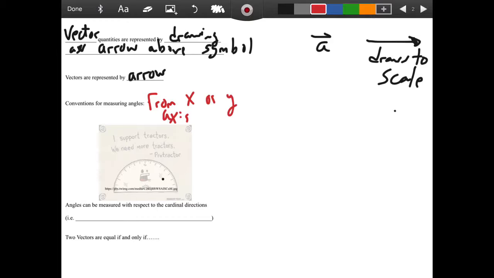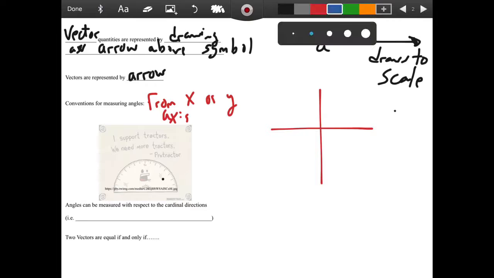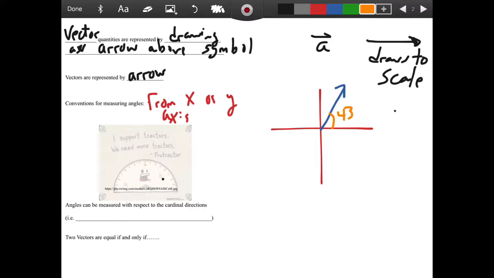So if I have some coordinate plane here and I draw a vector like this, let's say that's my vector. I'm just going to make something up. Let's say that this angle here is 43 degrees. Now, here's the x-axis, here's the y. We could say it's 43 degrees above the x-axis.